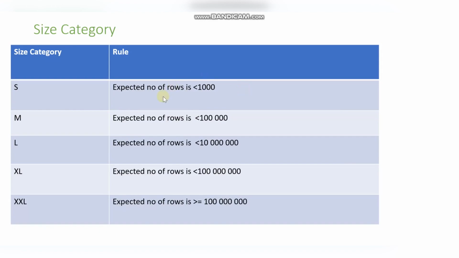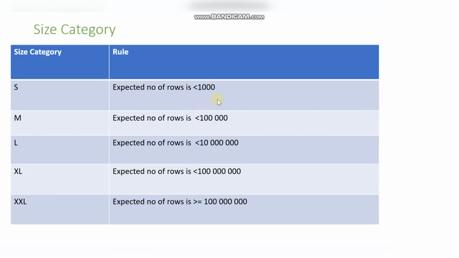Size category. The next annotation is the size category. If you observe here, these are the size category values available, and these are the rules. This means the number of records we should have, that is the main motto of these annotations: S, M, L, XL, double XL.